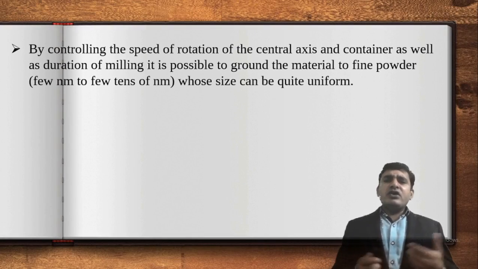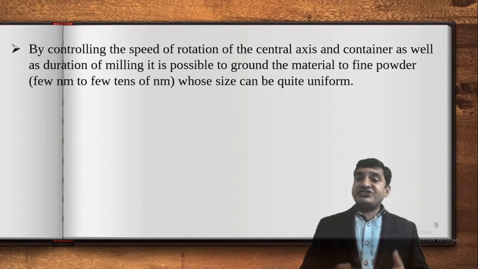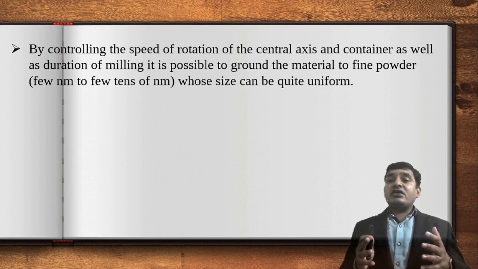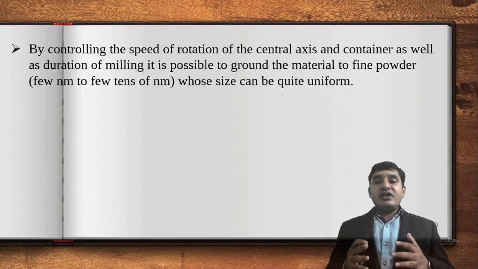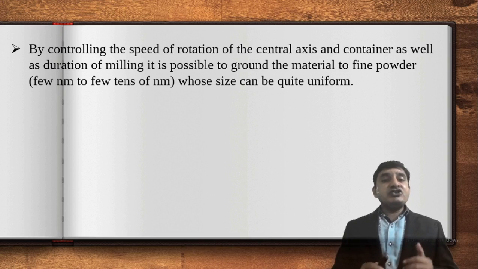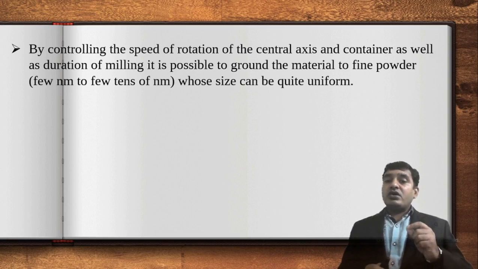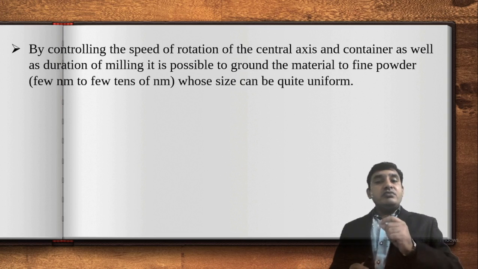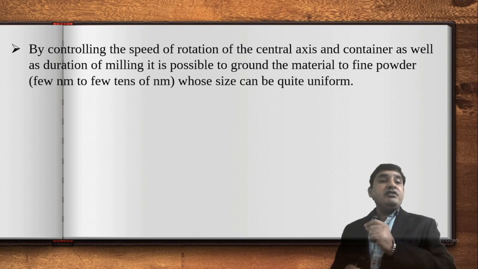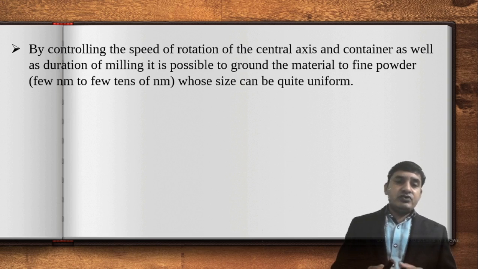By controlling the speed of rotation of the central axis and the container, as well as the duration of milling, it is possible to grind the material to a fine powder, a few nanometers to a few tens of nanometers, whose size can be quite uniform.